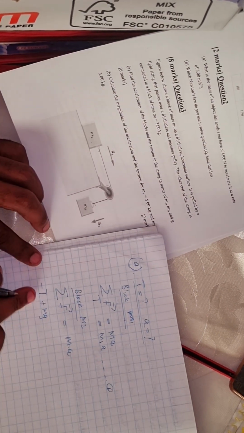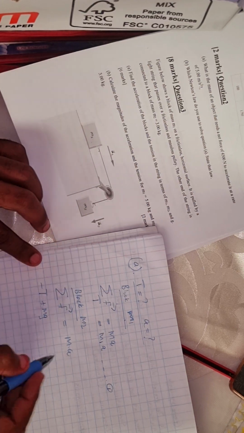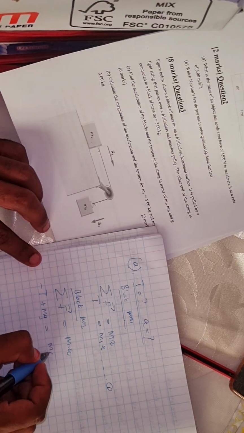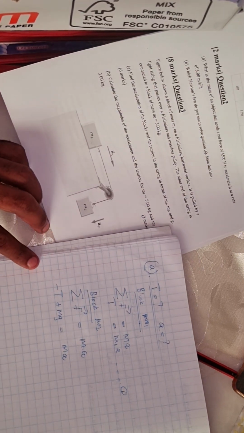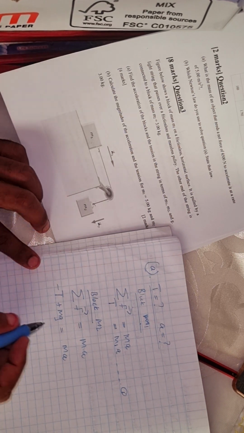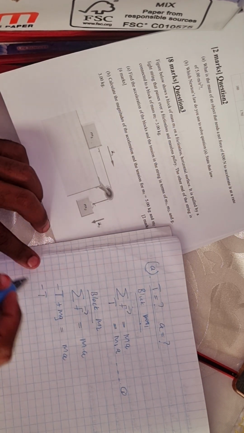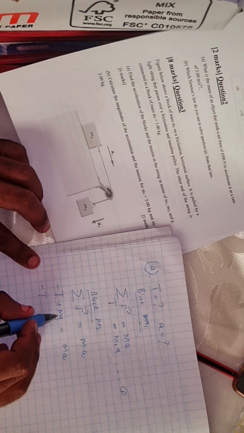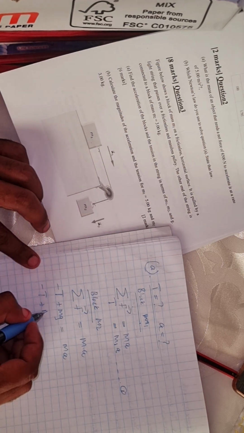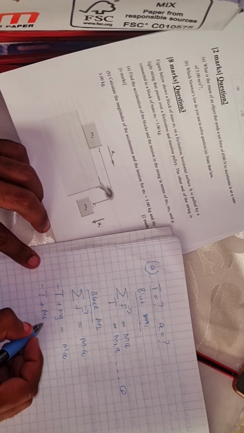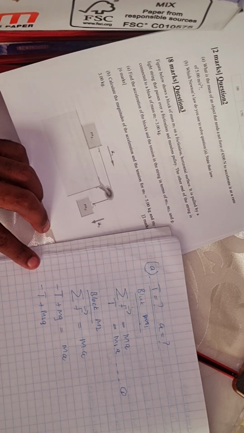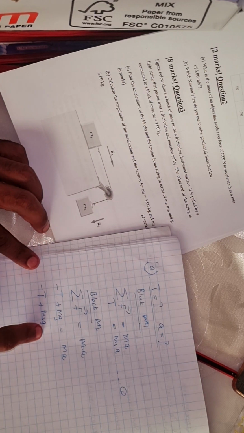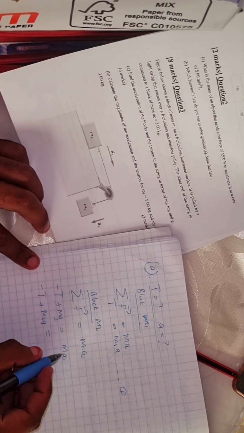The sum of the forces acting on block M2 is equal to mass multiplied by acceleration. And now let us do the substitutions. So now we have a negative tension, which is what we are basically looking for. And then the mass of M2 is just M2. And therefore, what is G? We just write G because we're going to have to solve A and T in terms of M1, M2, and G. So we're not going to substitute 9,8 yet. It is equal to, what is the mass of block M2?